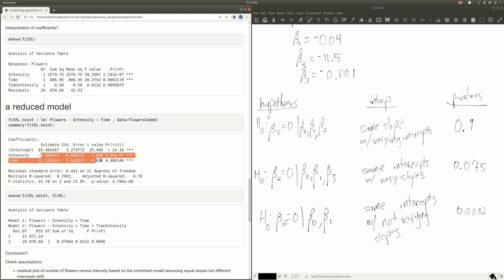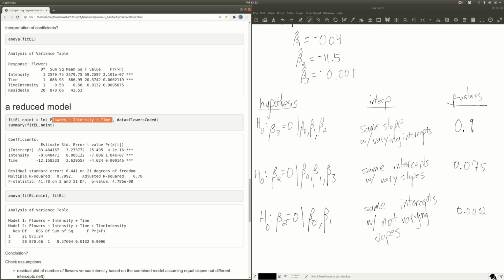So we fit this model here, and then we call Anova on this reduced model versus the full model, and we get the p-value 0.9096, which is the same p-value up here, because this model, when reduced, is this model, and the full model is the full model where we have all of them.